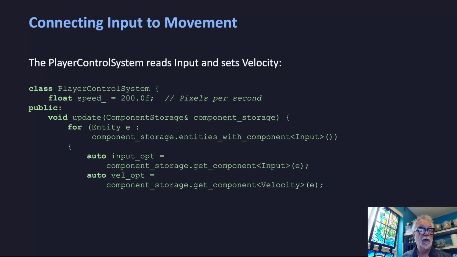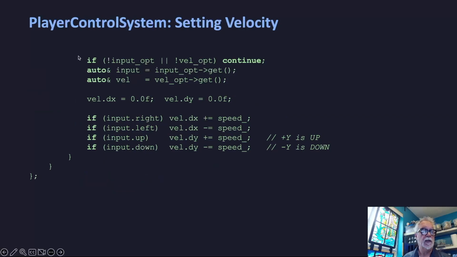And so I'm going to look for all of the entities that have an input component and have a velocity component. If I don't have them, I skip. I get both components here.